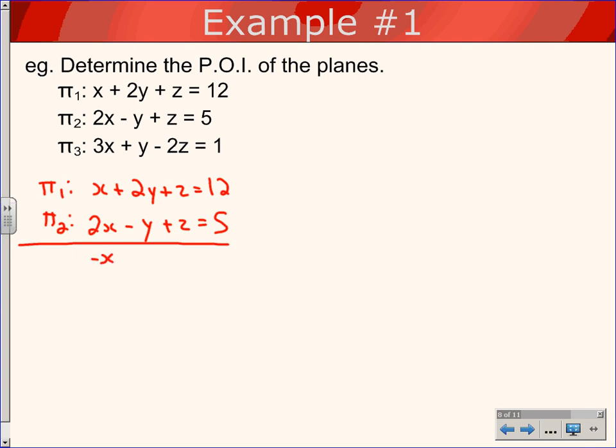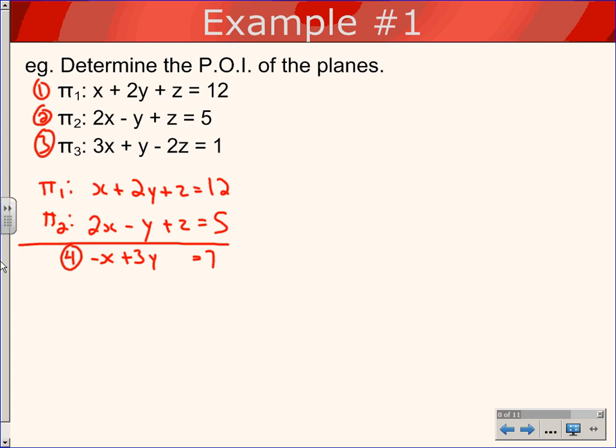It'll give us minus x plus 3y equals 7. Okay, and I'm going to call this equation 4. So I've got equation 1, equation 2, and equation 3 already, and I've now created a new one, equation 4. It has just x's and y's in it. I've managed to get rid of the z's.